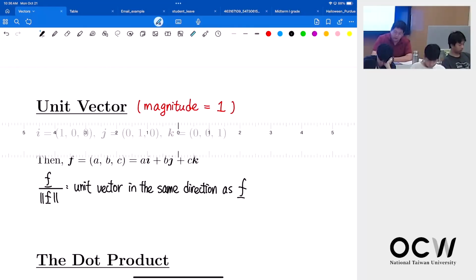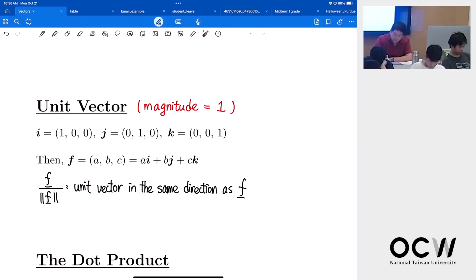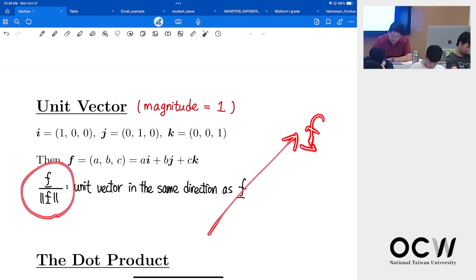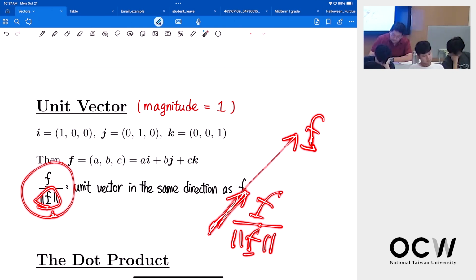So suppose I have a vector f, then I divide by the magnitude, so this will be f divided by the magnitude. This is the unit vector, and for a vector I need a magnitude and the direction. The direction is in the same direction as your vector f.